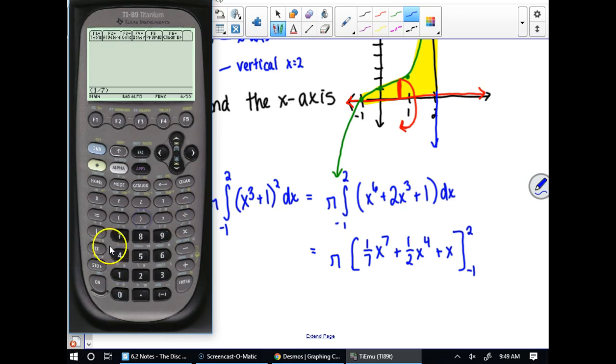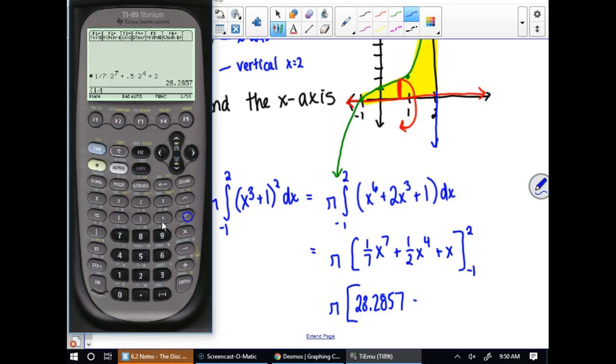The 1/7 times 2 to the 7th plus 0.5 times 2 to the 4th plus 2. So that gives us 28.2857. Probably should have left it not a decimal so it would give me a pi, but that's okay. It'll work out.